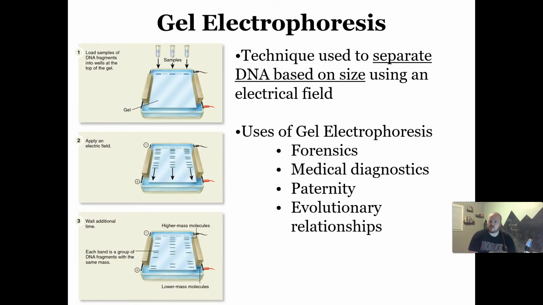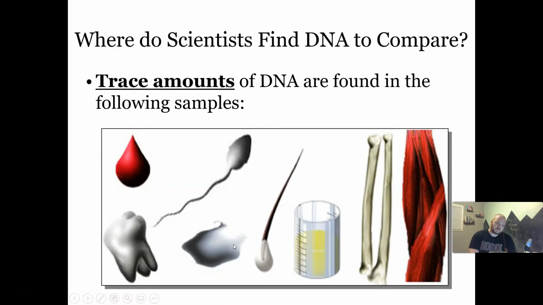So what you do is put DNA in a gel and separate it based on its length, and we'll talk about how that works. Gel electrophoresis is used for forensics, medical diagnosis, paternity tests, and evolutionary relationships, just to name a few.